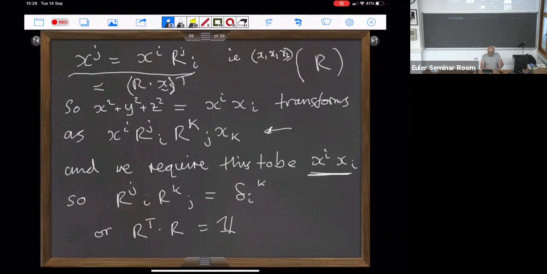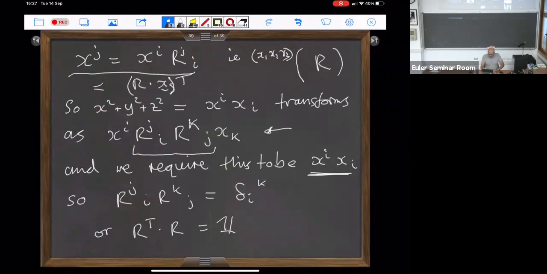That means that this product of matrices in the middle, where the j label is summed over, which is just matrix multiplication, is the product of the transpose of R with R. The condition that the sum of squares is invariant is the condition that the transpose of R with R is the identity matrix.